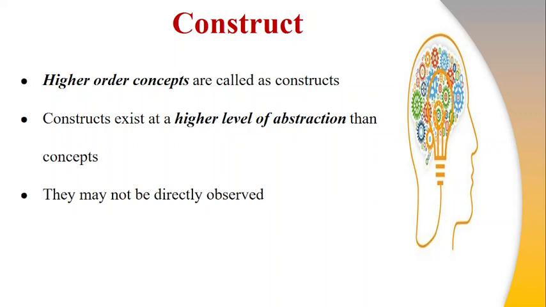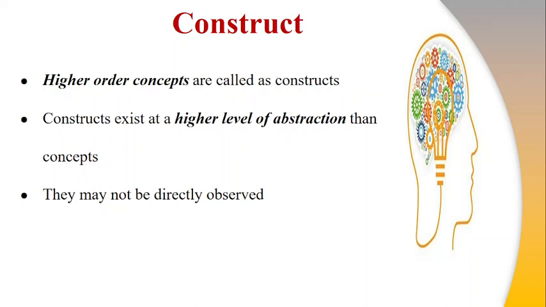So construct is similar to concept. The same concept, okay, it is similar to concept. The only difference is it is a higher level concept. What do I mean by a higher level concept? A higher level concept means that the level of abstraction is very high. Okay, which means most of the time construct is not directly observable.